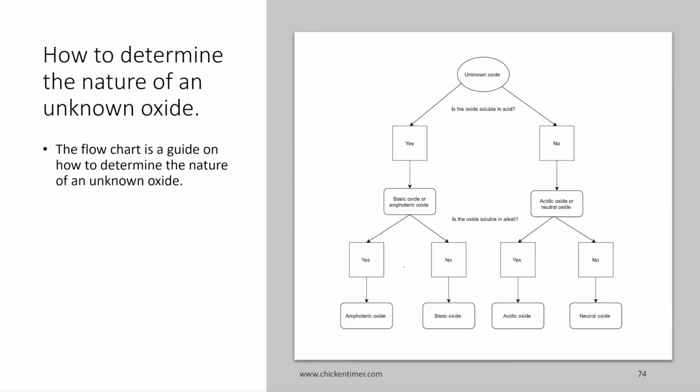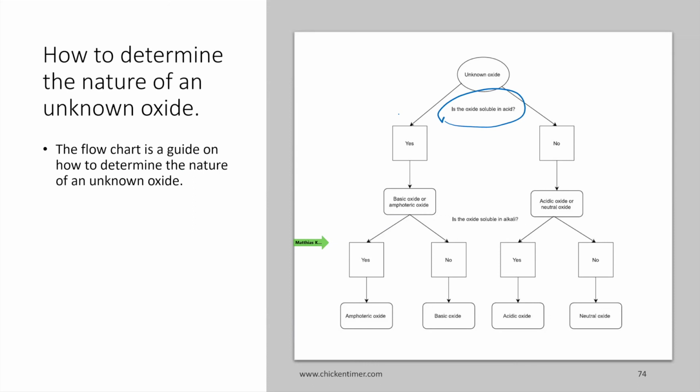Now, this is a chart to show you how to determine the nature of the unknown oxide. That means you want to know whether the oxide you have on your hand is neutral, basic, amphoteric, or acidic. So what you first do is you take the oxide and then check if it's soluble in acid.